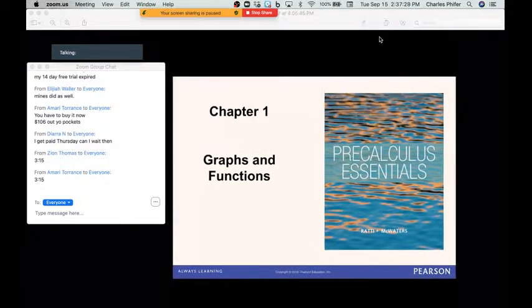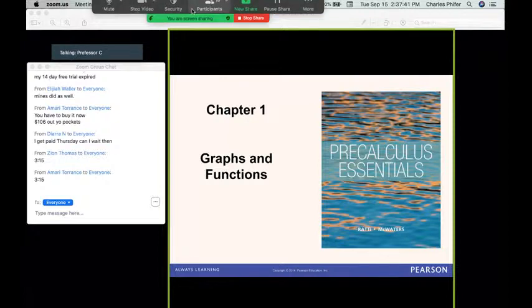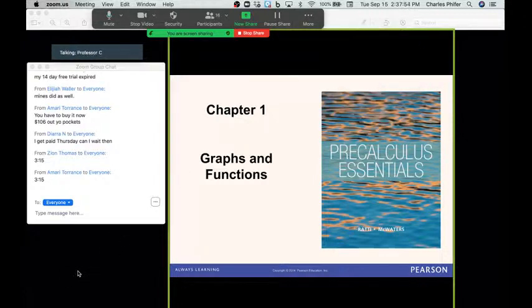Can we move you down? That looks a little bit better. It's still kind of weird, but it'll do for now. I can't get that to go away right now. Hide video panel, loading media controls. That's okay. It looks a little weird, but it's okay.